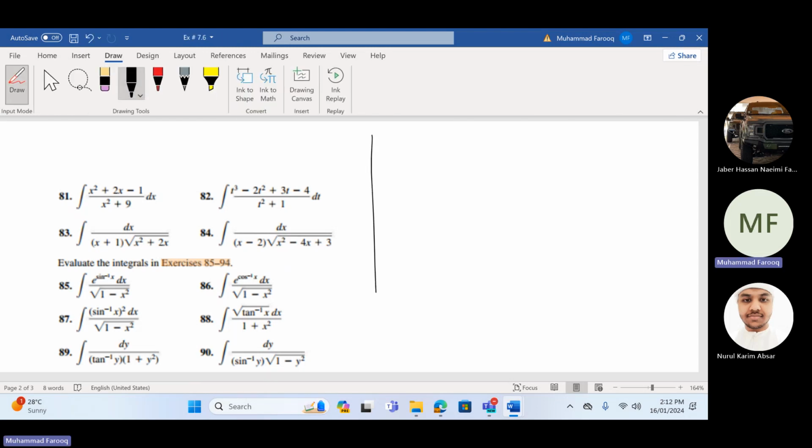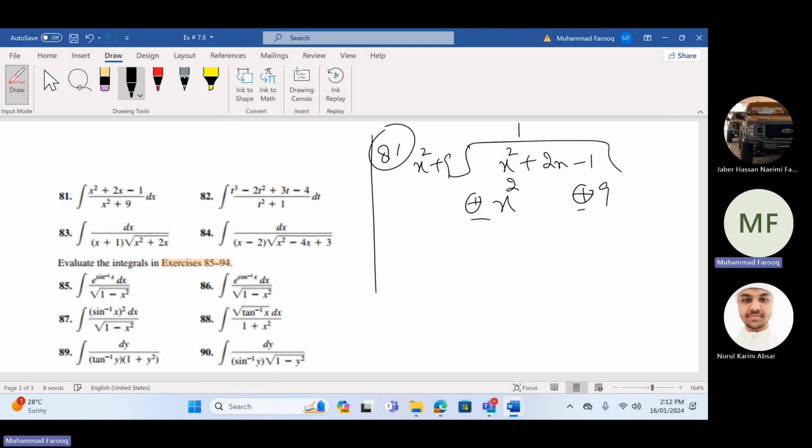So here, first of all, in question 81, please use long division. x squared plus 2x minus 1 divided by x squared plus 9. Of course you have to multiply once. So x squared, and 1 times 9 is 9.